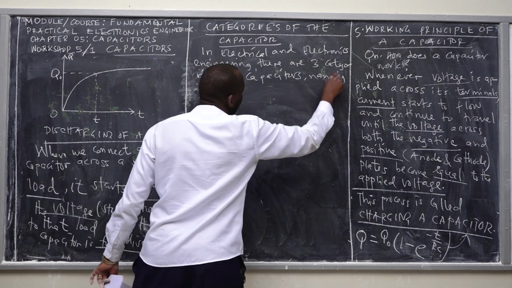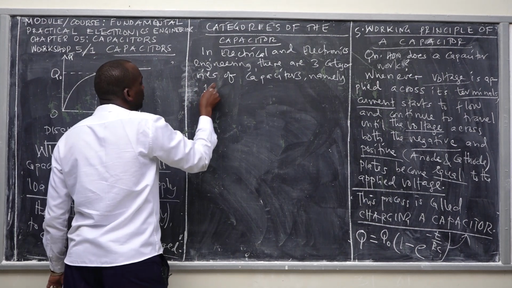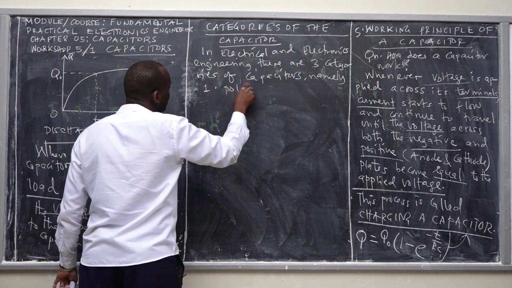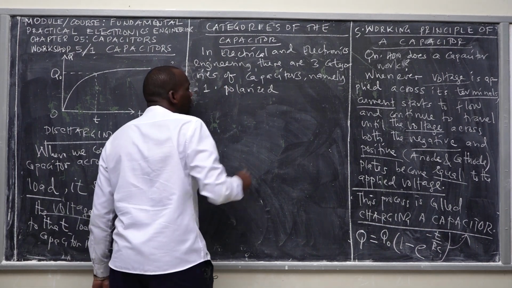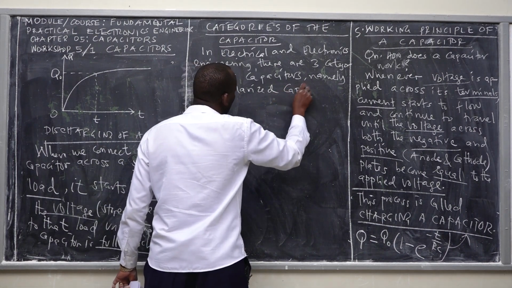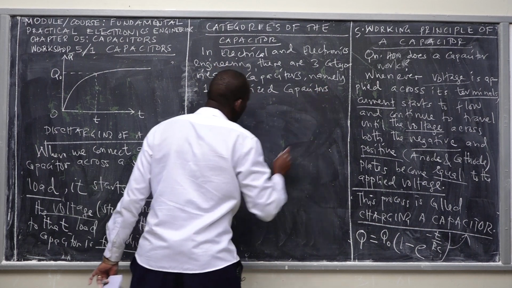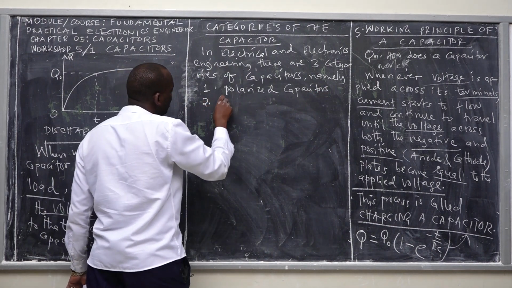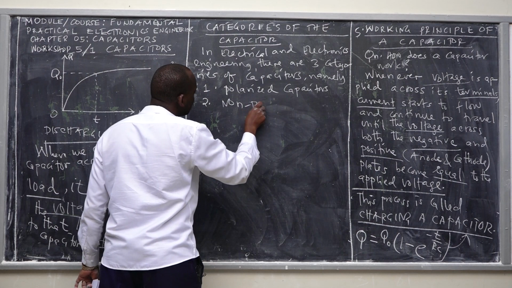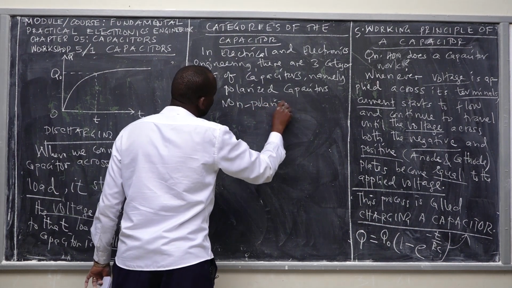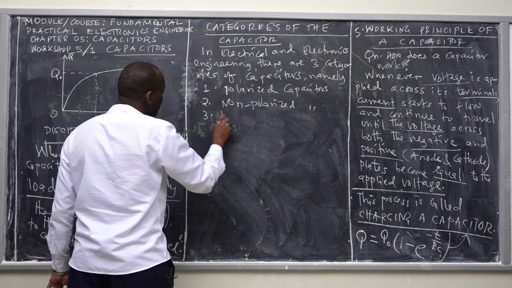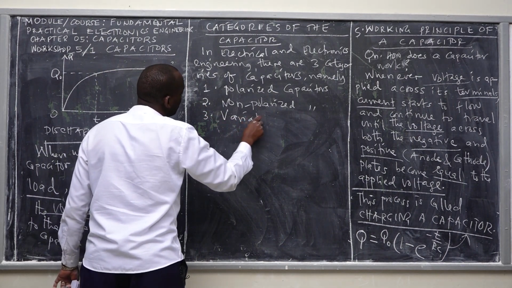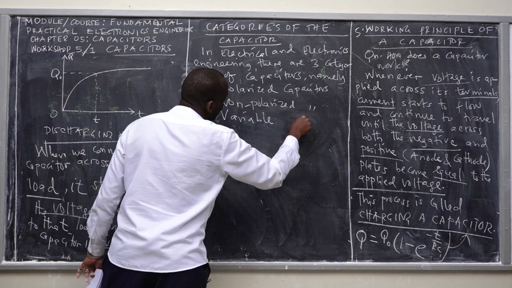Namely, the first one, we call it polarized capacitors. The second category, we call non-polarized capacitors. And the third category, we call variable capacitors.